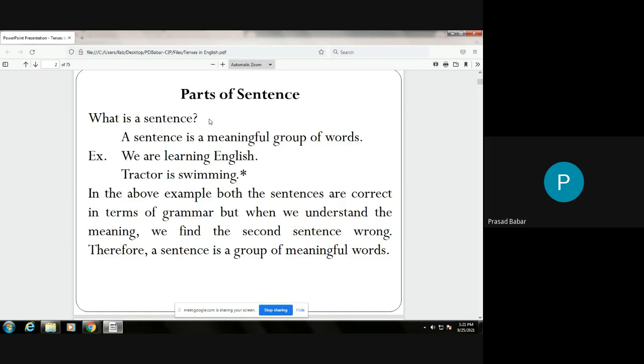But though these are two sentences that we wrote in a grammatically correct manner, can we get the exact meaning from the second sentence? Is it a meaningfully correct sentence? We are talking about the second sentence, tractor is swimming.